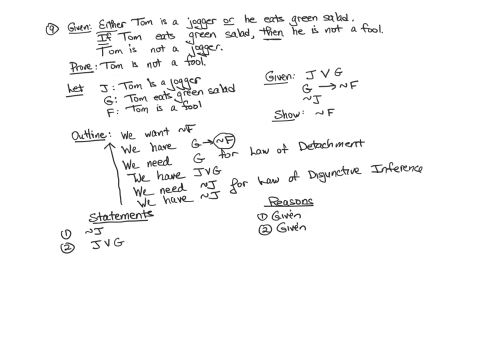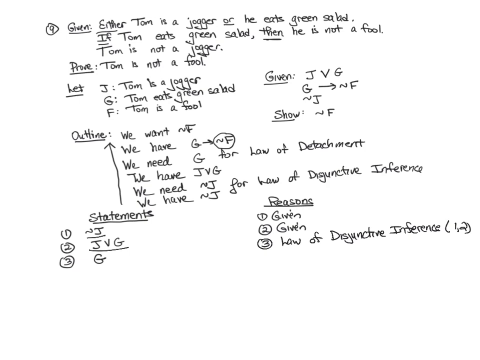So from these two, we use the law of disjunctive inference and conclude G. And again, the words are very important. If a disjunction is true, so you have to have a disjunction in your statement, and one of its disjuncts is not true, the opposite truth value, then we conclude the remaining disjunct. So this is steps 1 and 2.